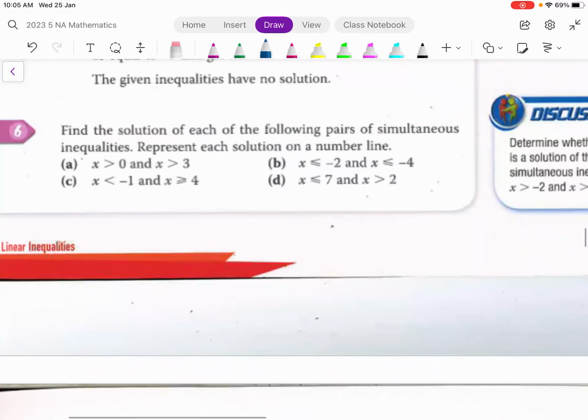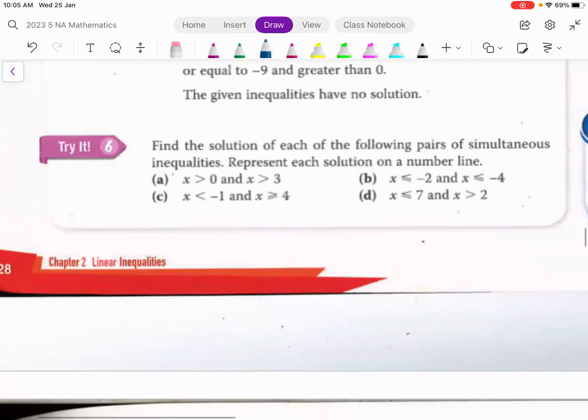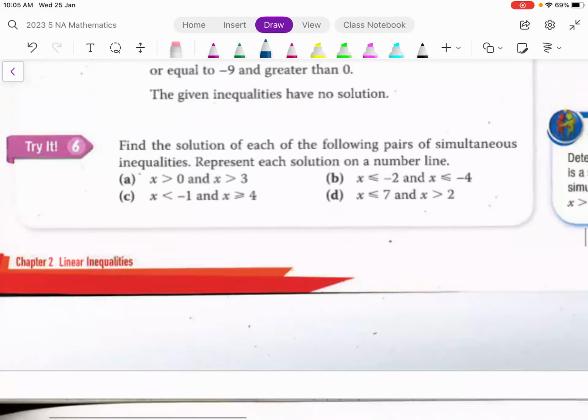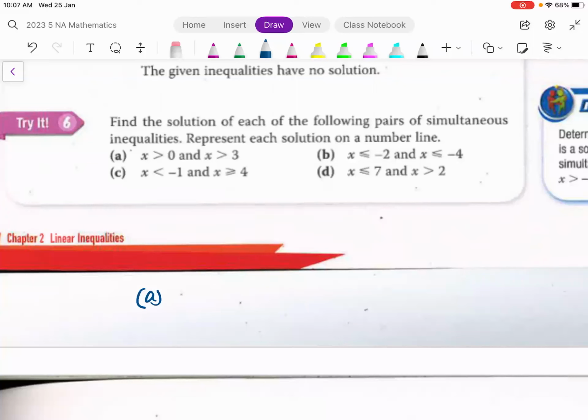Okay, so with that, you are going to now try it. Part A first. Do it now. You can do it in your textbook. Here we have x greater than 0, x greater than 3.